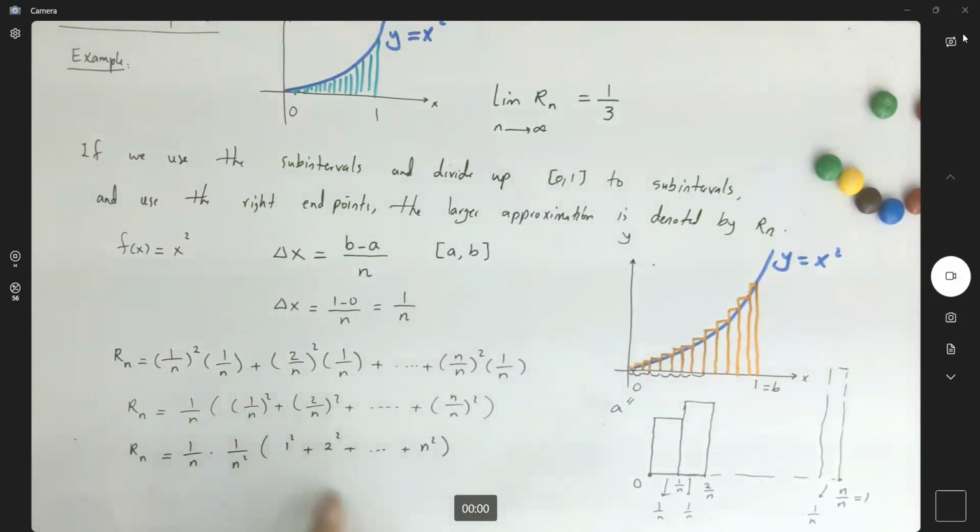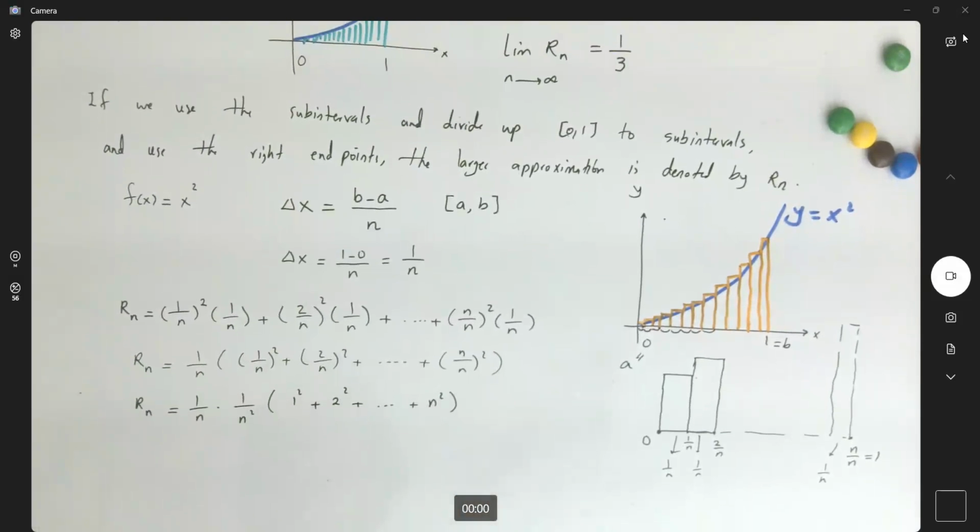Very good. Remember this sum from math. One over n cubed, and here you get n times n plus 1 times 2n plus 1 divided by 6.